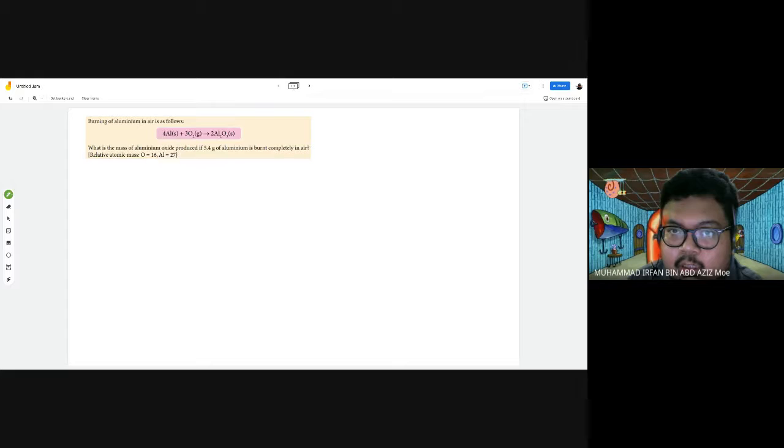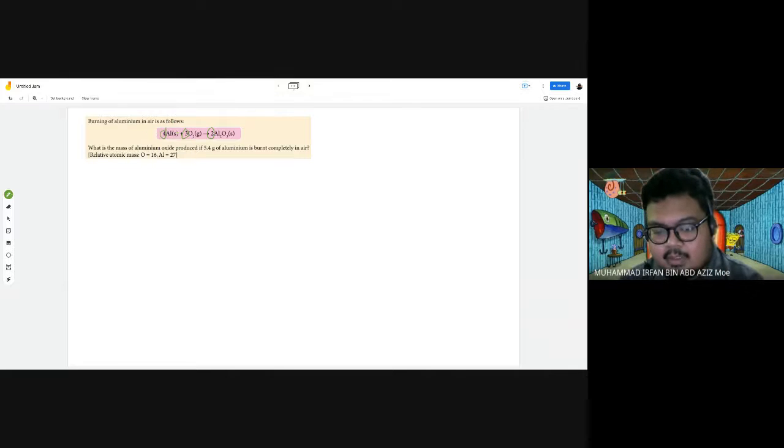From this equation kita boleh tahu 4 mole of aluminium will react with 3 mole of oxygen to produce 2 mole of aluminium oxide. Kita tengok nombor depan dia tu. 3 to 2. So, based on this, macam mana kita nak dapat dia punya ratio dia? The ratio, the number of mole bawah ni akan ikut ratio ni.